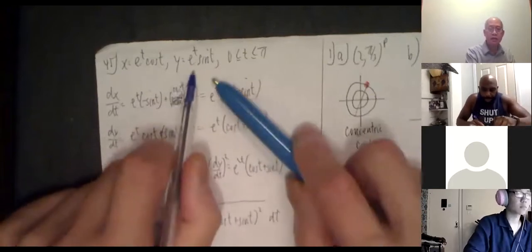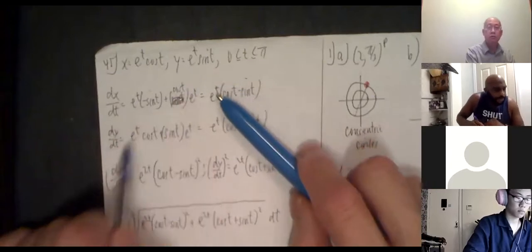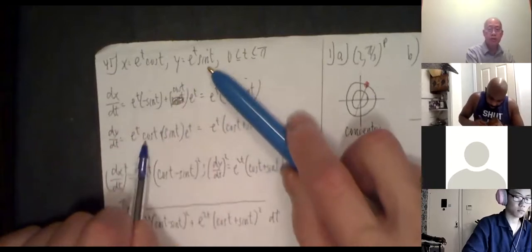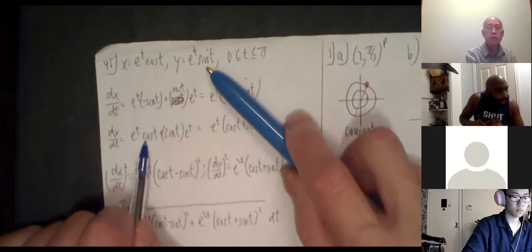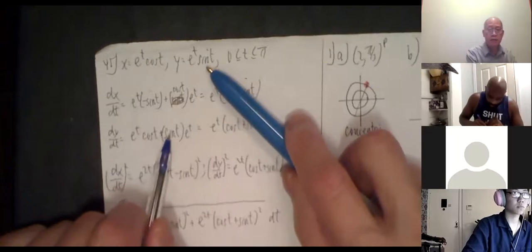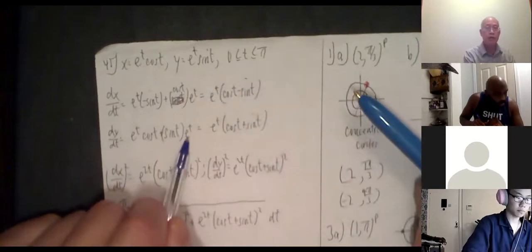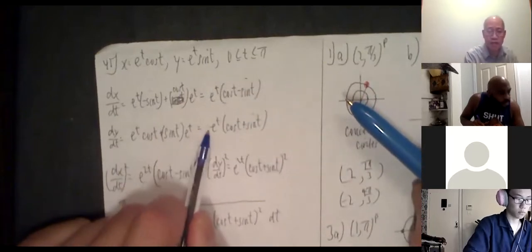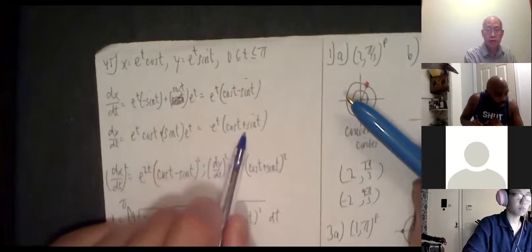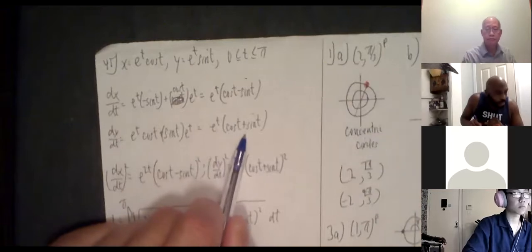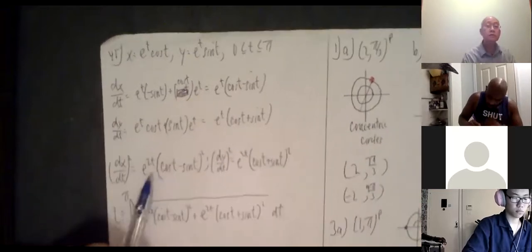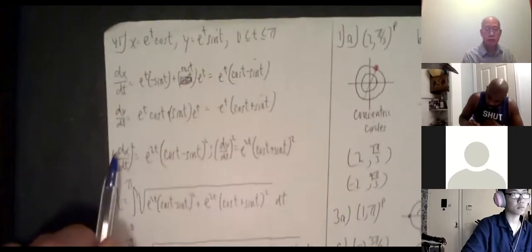dy dt, product rule. First function times the derivative of the second, derivative of sine t is cosine t, plus the second function, sine of t, times the derivative of the first, derivative of e to the t is e to the t. Again, factor out an e to the t, cosine t plus sine t. Now, I'm supposed to square them.